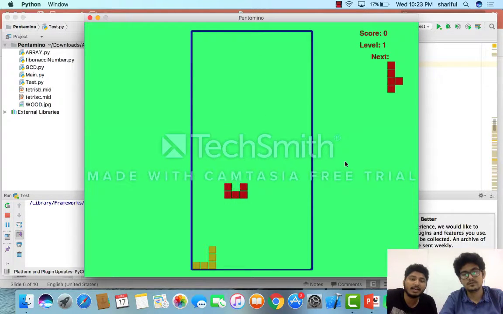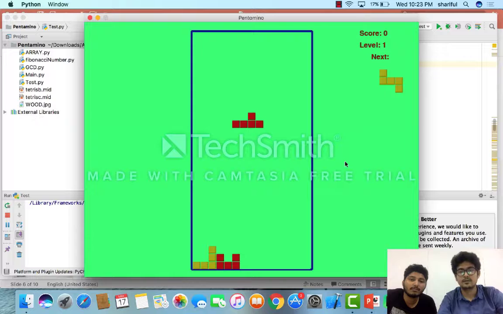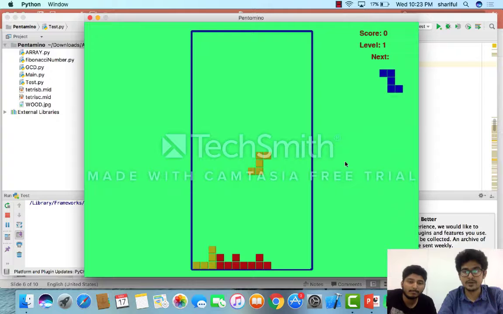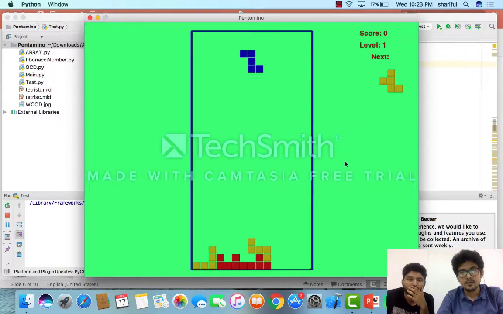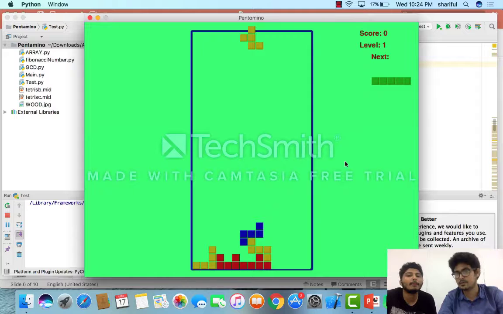You can see the reverse form, and this is the rotation, and you can see this is the alphabet Z, but if we press the up and down key, it automatically changes. And the Z shape comes again. Okay, no problem, I put it down.